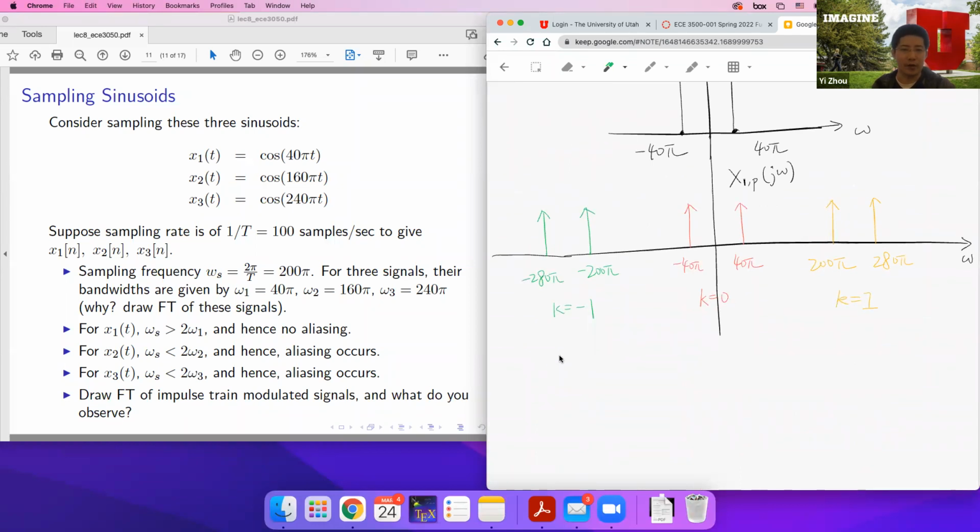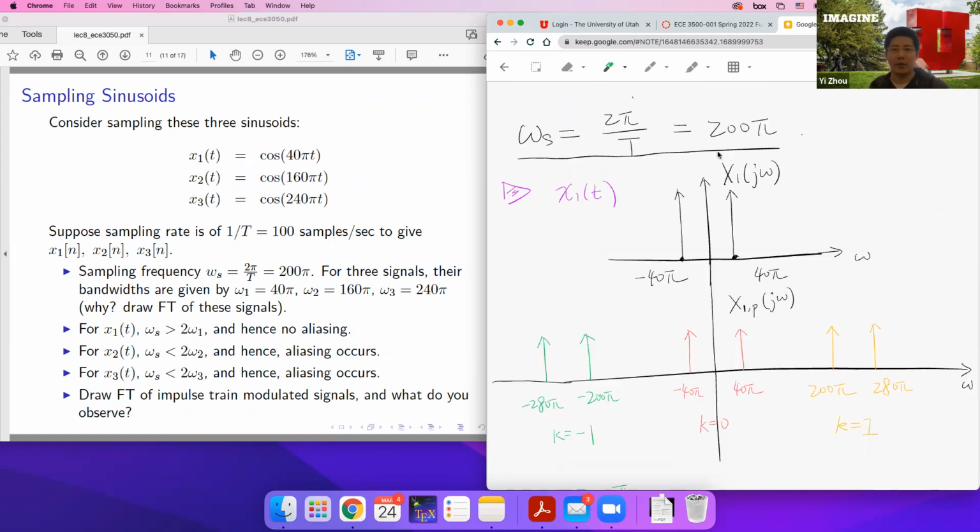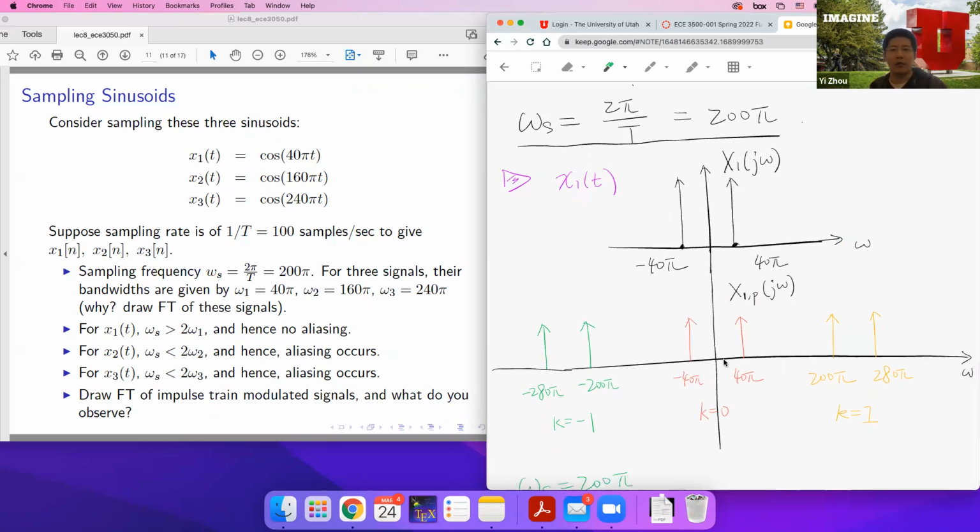And you can also check this by the Nyquist criterion. So you look at omega s, which is 200 pi, and then you look at 2 times the bandwidth. Looking at this spectrum, the bandwidth omega 1 is 40 pi, because it's symmetric.